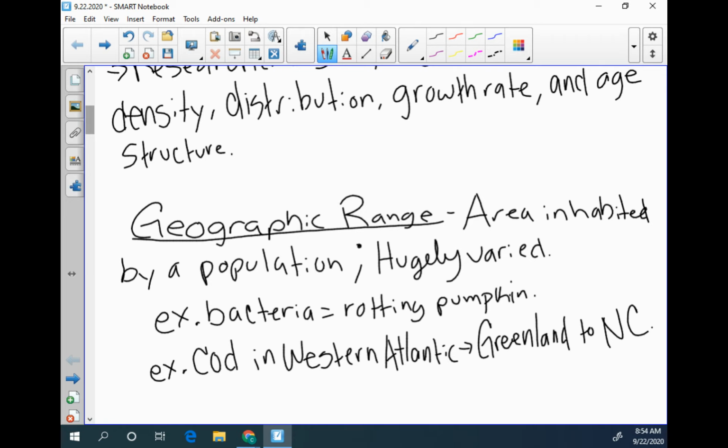So geographic range can span anywhere from the rotting pumpkin that sits on your porch 6 weeks after Halloween to the entire Atlantic Ocean. So that's one way we can describe populations.